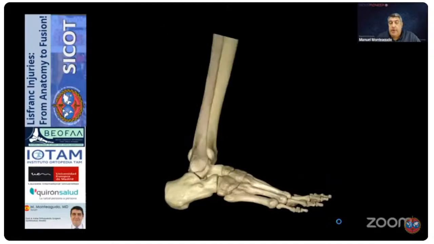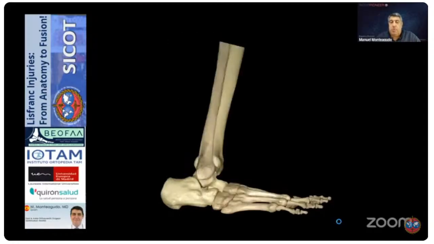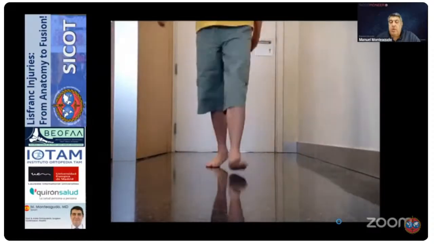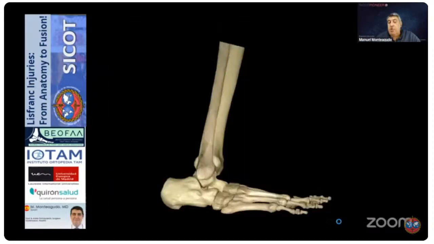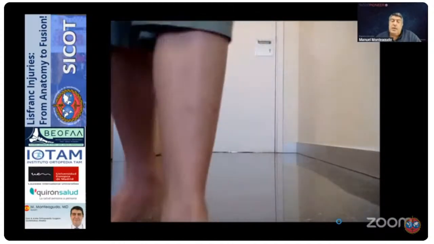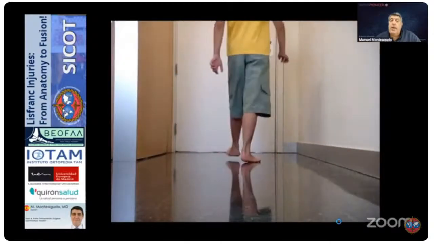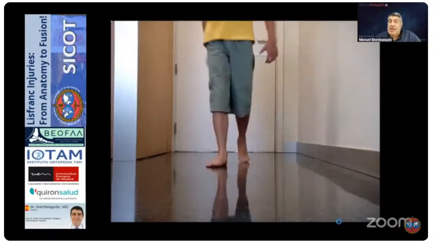When you have a tight gastrocnemius, there are two ways to escape from equinus problems to the dorsal Lisfranc. One of them is pronating the foot. Most people have a foot collapse, and usually do not develop central arthritis, or the patients can adopt a bouncy gait, external rotation, to escape from dorsal jamming of the central Lisfranc.